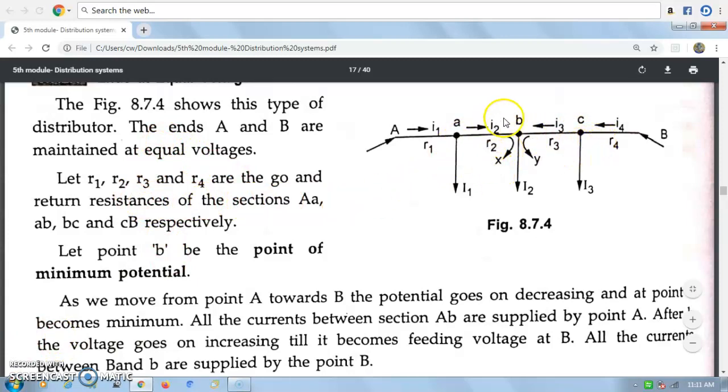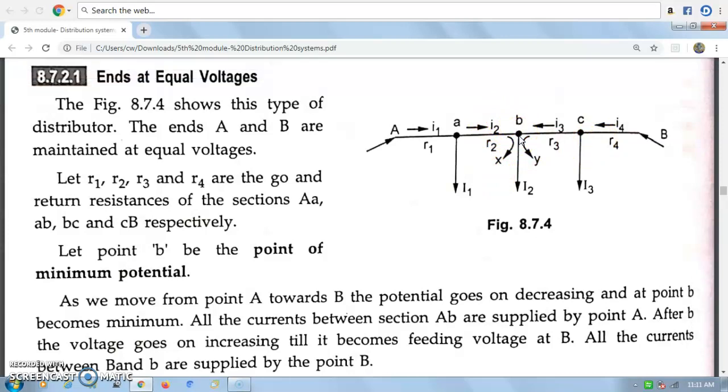We are considering here that point B is the minimum potential point. So as you move from A towards B, the potential goes on decreasing. Here we are considering small b as the minimum potential.